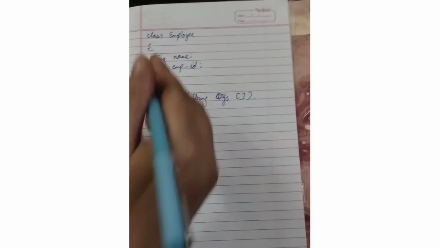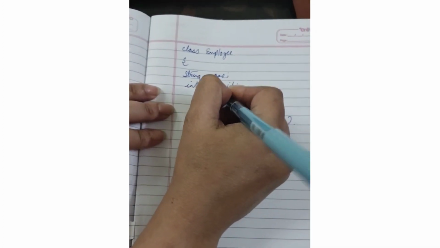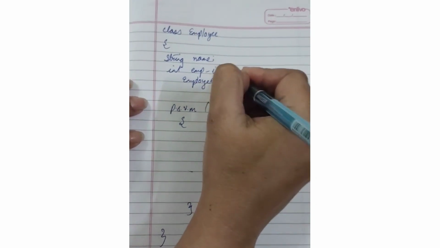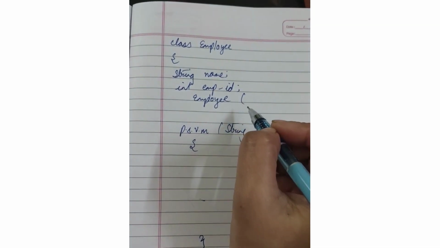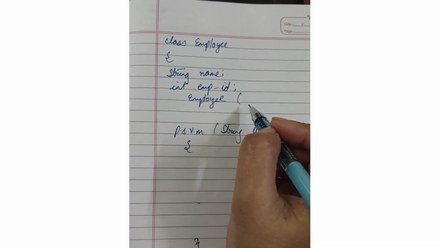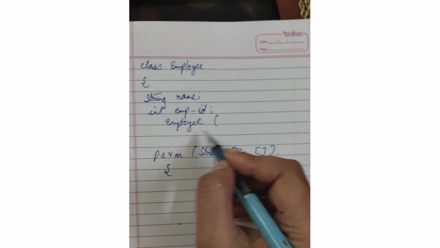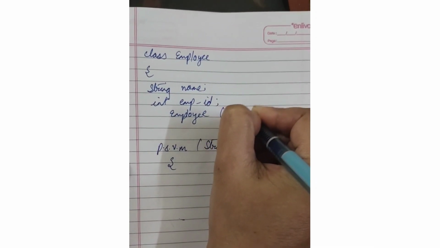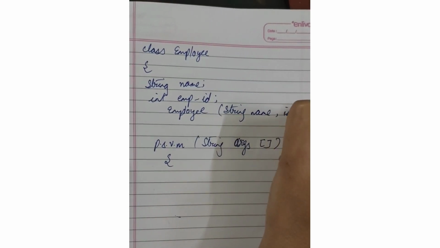So now I'll create a constructor here with the name Employee, because the name of the class and the name of the constructor are supposed to be the same. Here I'm using a parameterized constructor. Constructors are categorized into two categories: default constructor and parameterized constructor. Here I'm using the parameterized constructor: String name, int employeeID.